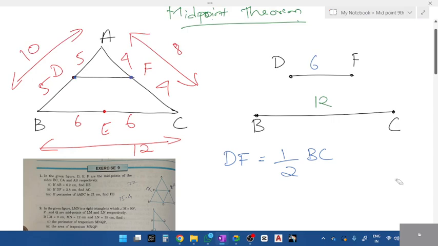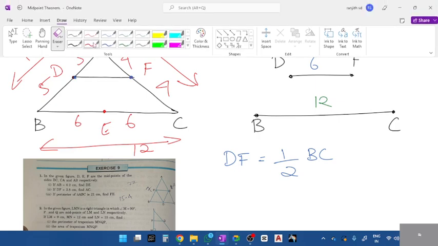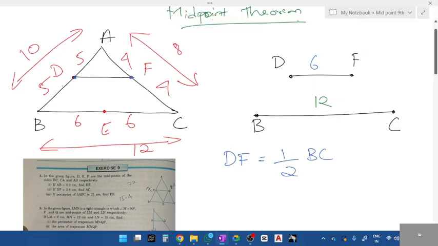So draw the diagram, draw all this, and look at the values for A to D divided by D to B. What's the value for A to D? 5 divided by, what's the value from D to B? What is the ratio? Okay. On the same line AB, 1 is to 1.